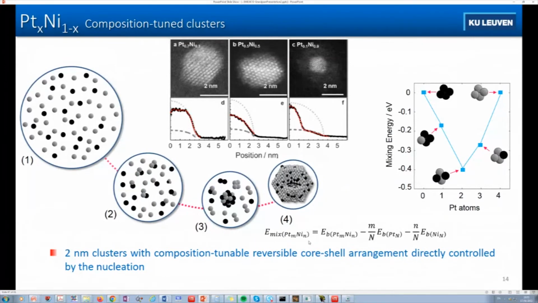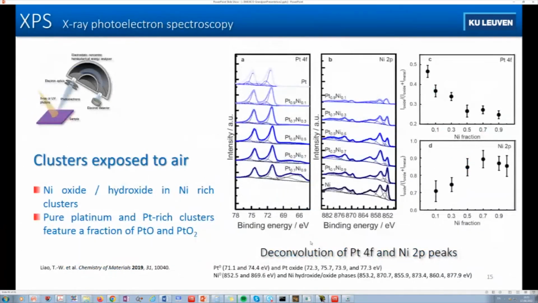They make 2 nanometer clusters. So I think we mainly did XPS on the system, and I think it was already very interesting. And you see some nickel oxide, hydroxide in the nickel rich, and pure platinum and Pt rich, they have a lot of Pt oxide.